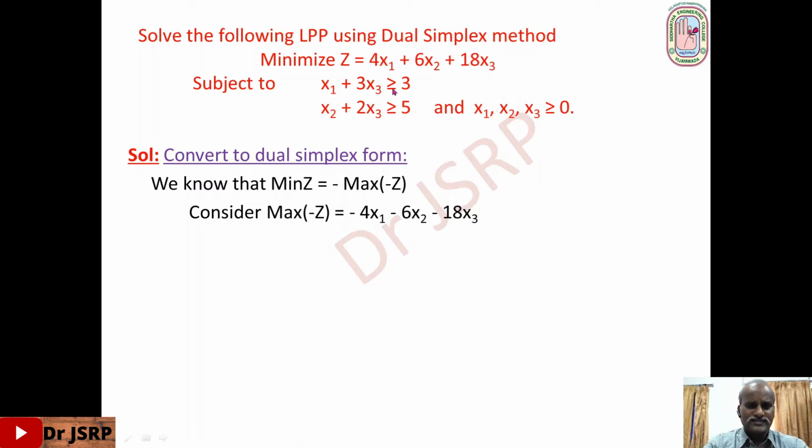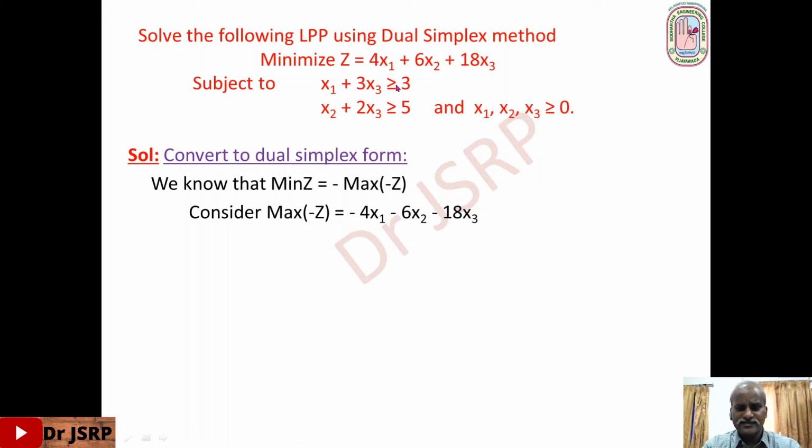Next, what is the second point in the dual simplex form? Convert greater than or equal constraints, if any, to less than or equal form by multiplying with minus 1. Okay, so here both are greater than or equal type. So multiply both constraints by minus 1.